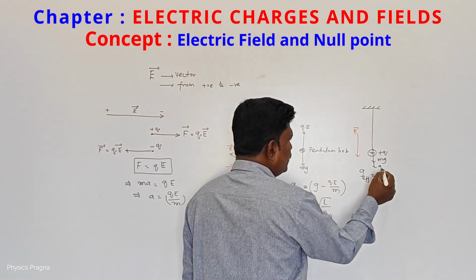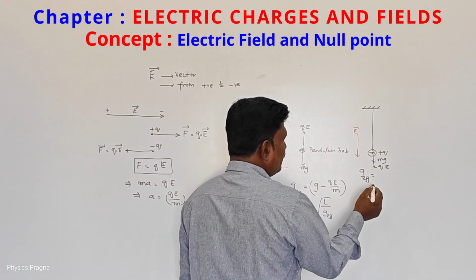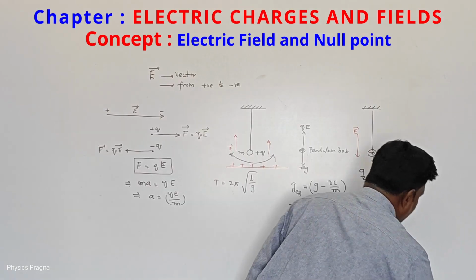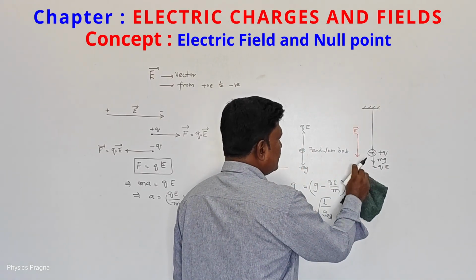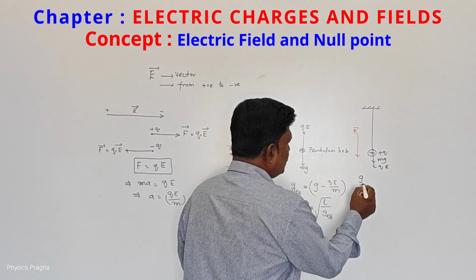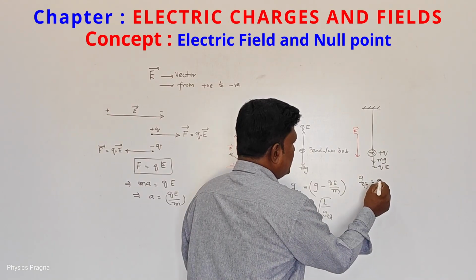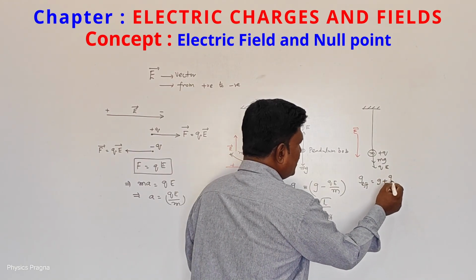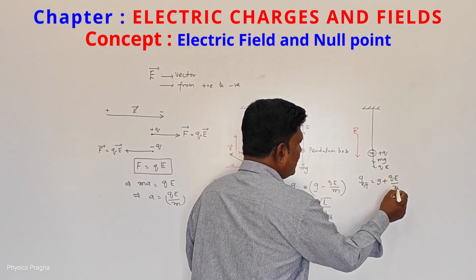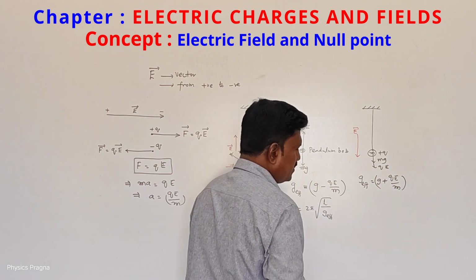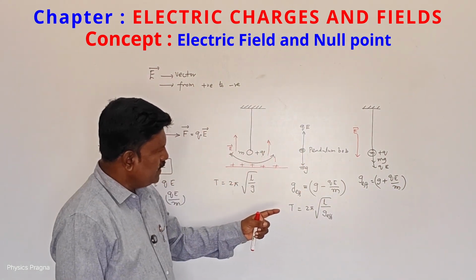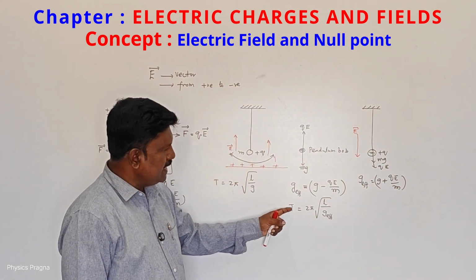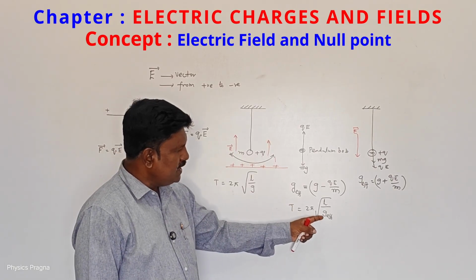This is QE. So effective g value, g effective is equal to g plus QE by m.